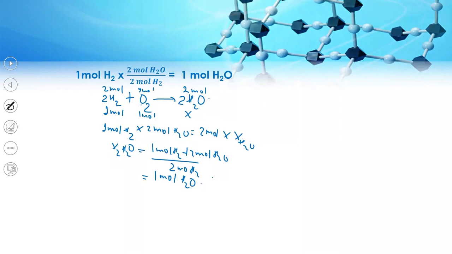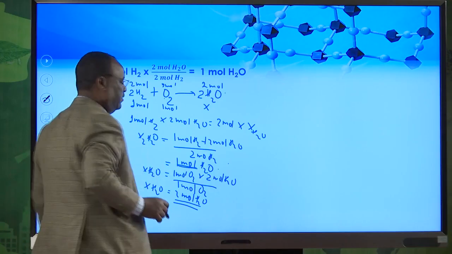So in the case of oxygen, X moles of water will be 1 mole of oxygen times 2 moles of water molecule over 1 mole of oxygen. So X moles of water will be 2 moles of water. In the case of hydrogen, we have 1 mole of water.